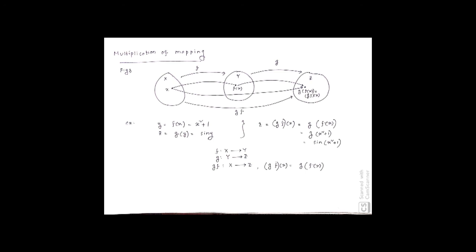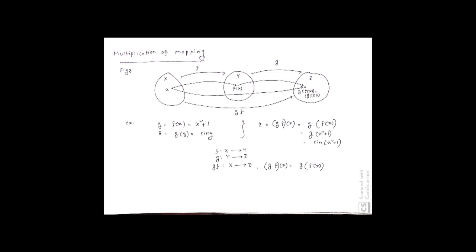We observe that the two mappings involved here are not entirely arbitrary, because we have purposely taken the set capital Y, which contains the range of the first, and equals the domain of the second.